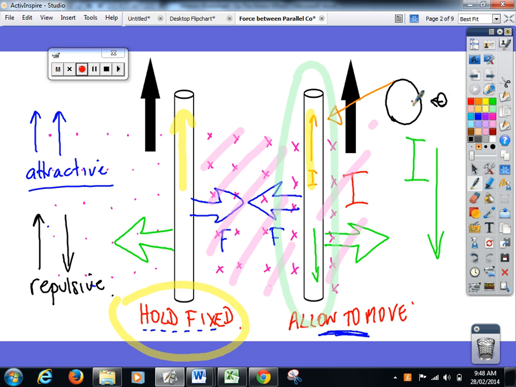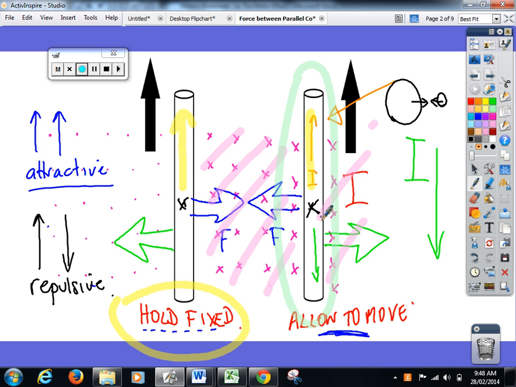Yes. These are also equal and opposite reaction forces. So this is the same thing here. If this wire here pulls this wire over here towards it, then this wire over here must be pulling this wire at the same rate. Are we okay with that? So it's very similar to the same idea that Newton came up with, equal and opposite reaction forces.